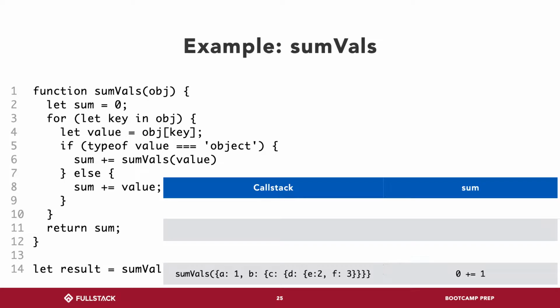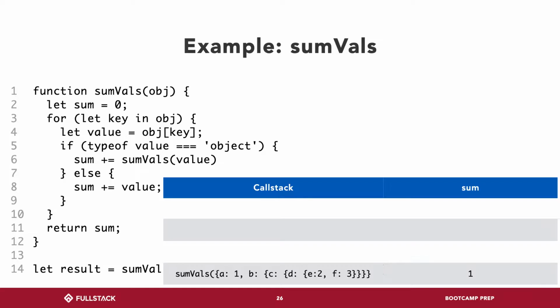So the sum at that point for that function call is 1. But now the next thing that happens is that you pass in this big object, B. The value of B is this big object. So that goes through here. Well, I mean, sum is 1 still.